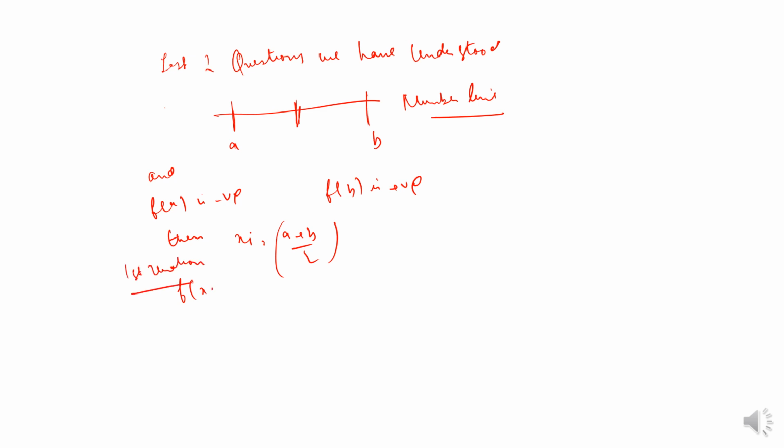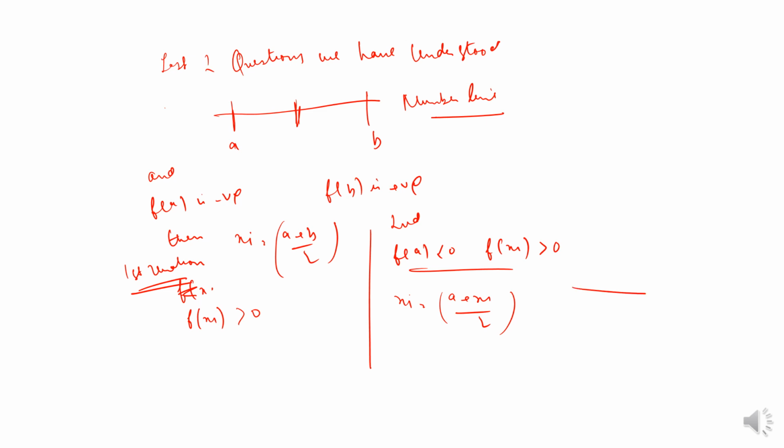This is an iterative method, so it will take time to converge. Suppose f of x1 is greater than 0. Then in the second iteration f of A is negative and f of x1 is positive, so our xi is equal to (A plus x1) by 2. So this is A, this is x1, and our solution will lie in between these two. In this way we have to process till we converge. I hope this is clear.